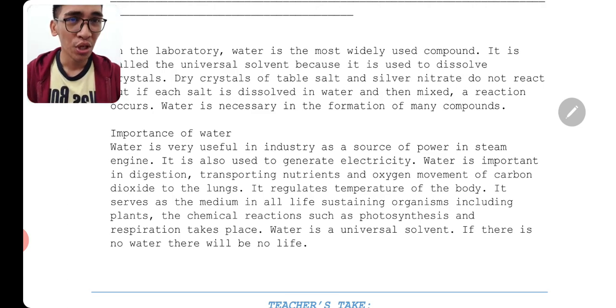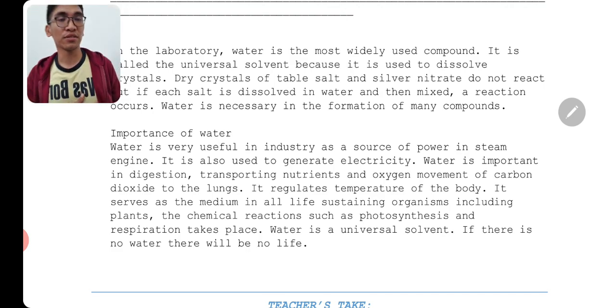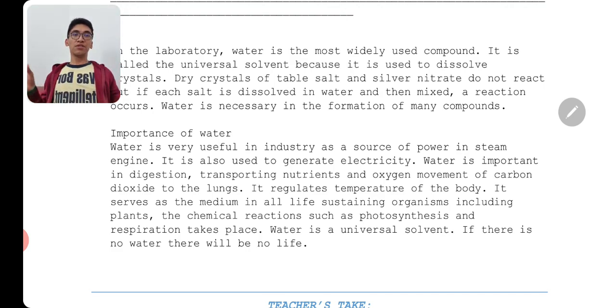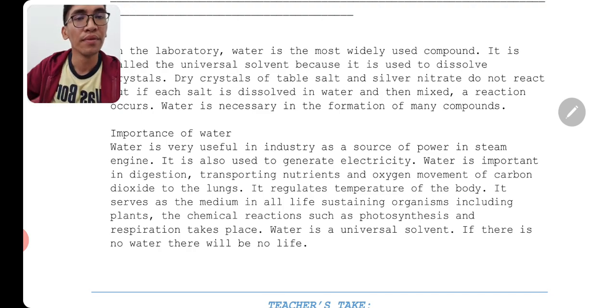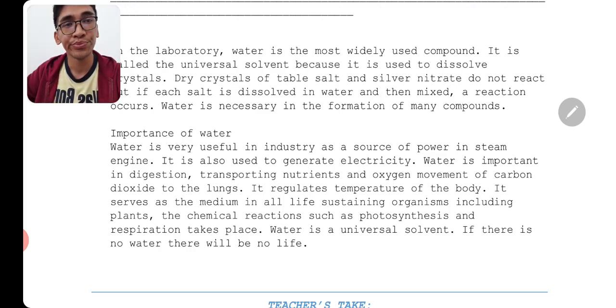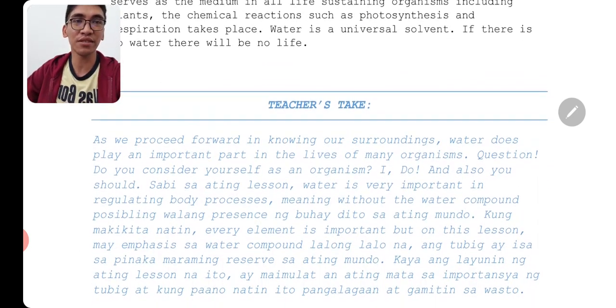So ngayon, using the power of gravitational force and using the water as a volume that pushes downwards, gagamitin natin yung power ng water to generate electricity, and that is what you call the hydroelectric power plant. Water is important in digestion, transporting nutrients and movement. Nabanggit na natin.